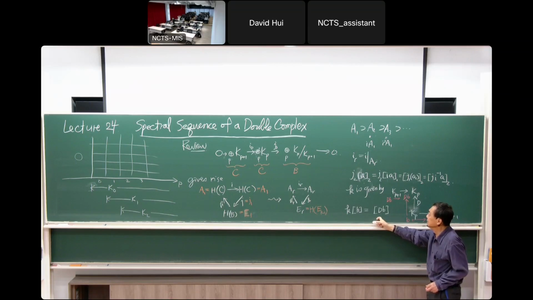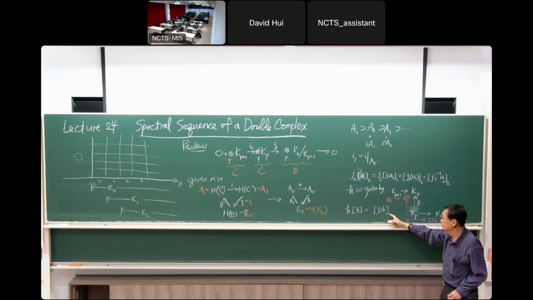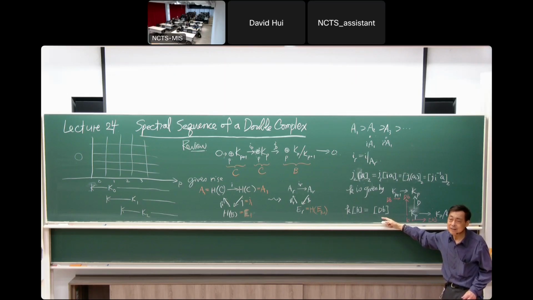But I mean, this looks like it's the cohomology class of an exact form. So shouldn't this be 0? Yeah. What is the problem here? It looks like you're taking the cohomology class of an exact form. So it should be 0.